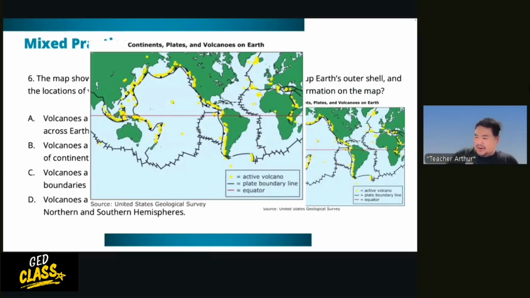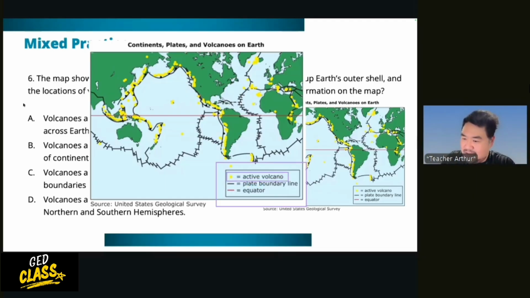So if you notice here, first in the bottom right corner, and this is something you always want to look for when you have a map or something where they give you this indicator. Sometimes it's called a key, sometimes it's called a legend, but basically the idea is to sort out what the different colors or the different lines represent. So the yellow represents the active volcano.